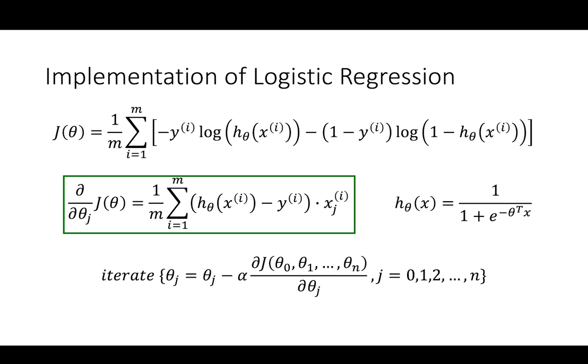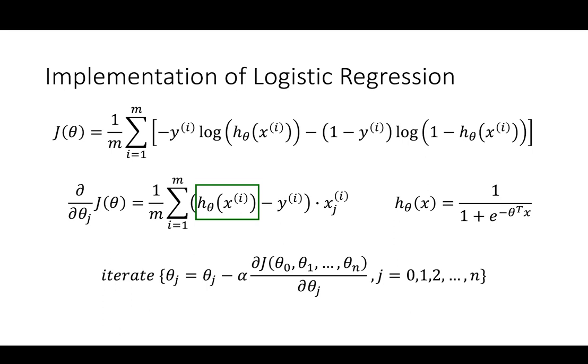Ang difference lang is that itong h theta is given by 1 over 1 plus exponential minus theta transpose times x. So ito lang yung iba. Sa linear regression, this is theta transpose ng x. Dito sa logistic regression, is this expression.